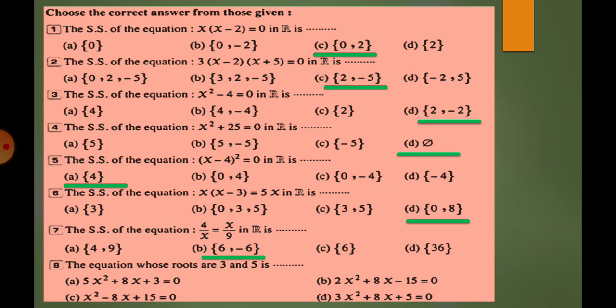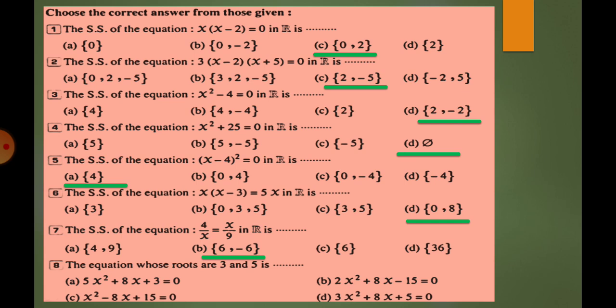The equation whose roots are 3 and 5 is... If we have x + 1 = 0, the root equals −1. If we have x − 2 = 0, the root equals 2. The root is the opposite sign of the number in the bracket with x.